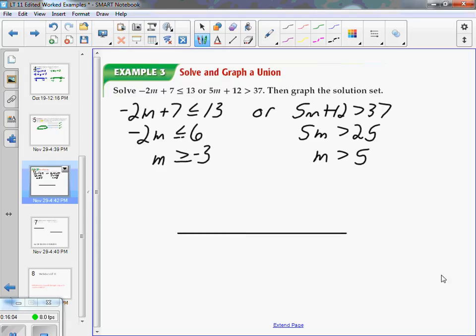Any troubles? All right. Let's see, I need negative 3 on here. I need 5 on here. M is greater than or equal to negative 3. Closed circle, greater than, to the right of negative 3. M is greater than 5. Open circle, greater than, to the right of 5.